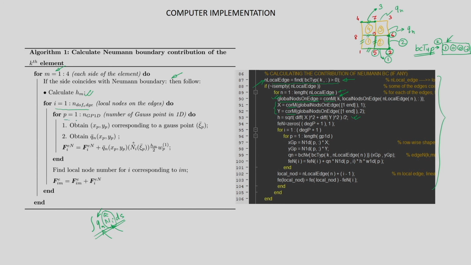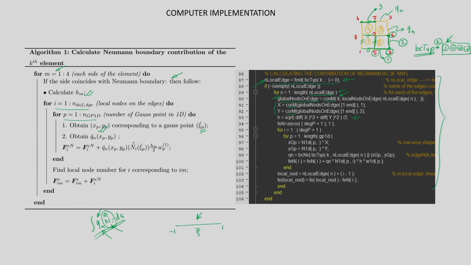Then we have another loop for each of the Gauss points. In this case the Gauss points are in the master element, xi bar, varying from -1 to 1. So that edge has been mapped to this edge, and using that map we get the corresponding coordinate for a given Gauss point xi bar p.